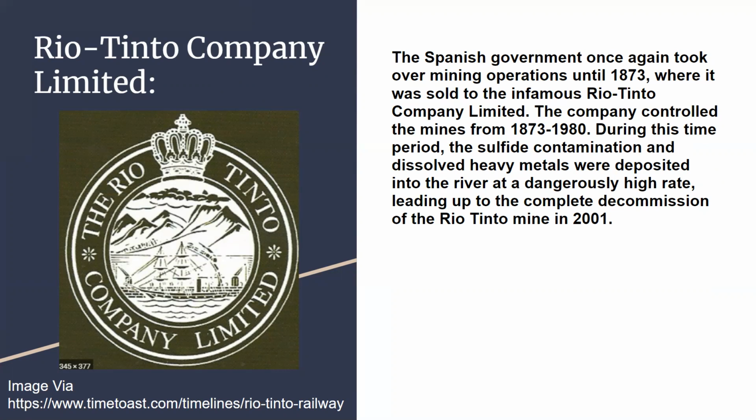The company controlled the mines from 1873 until 1980, and during this period, the sulfide contamination and dissolved heavy metals were deposited into the river at a dangerously high rate, which attributes to the very low pH and high hydrogen ion concentration in the river. And it started the pollution that we see to this day up until it was decommissioned in 2001.